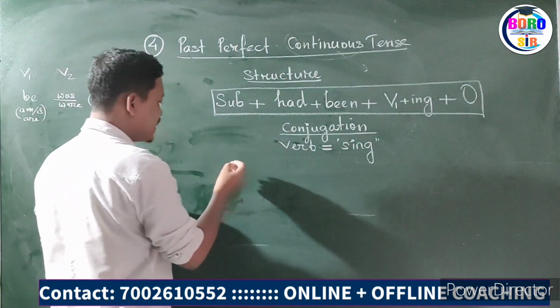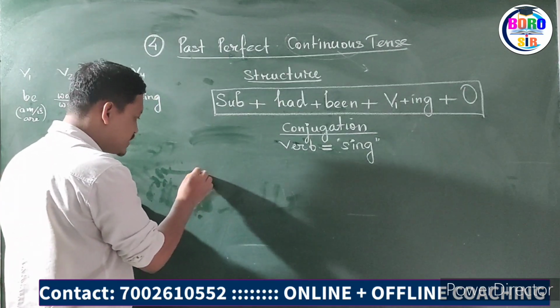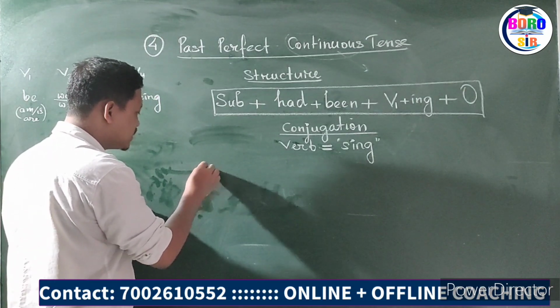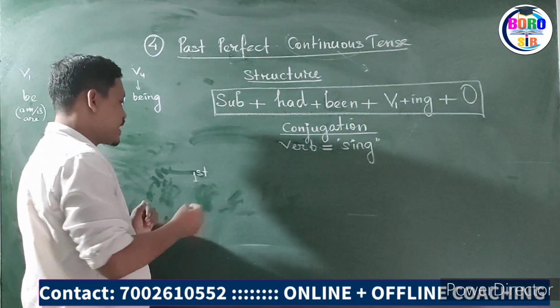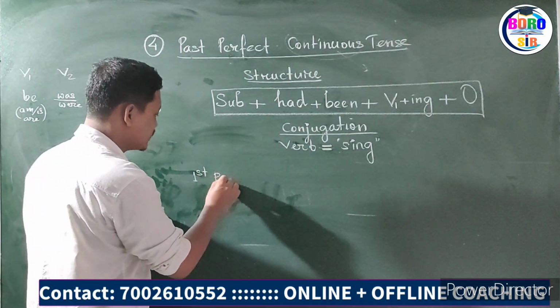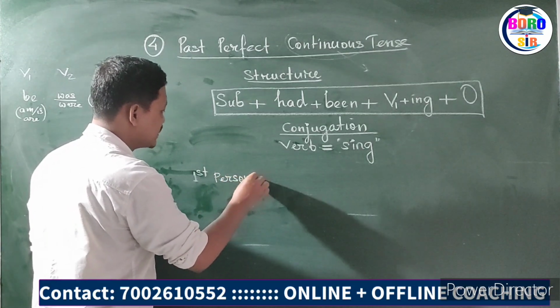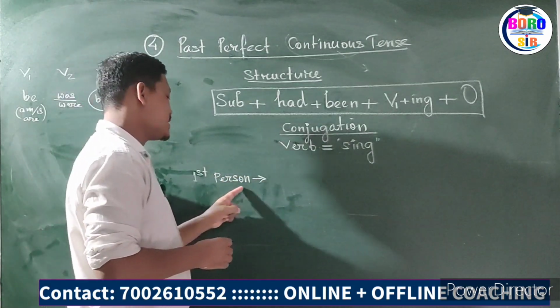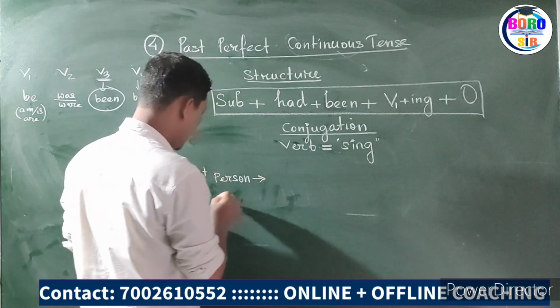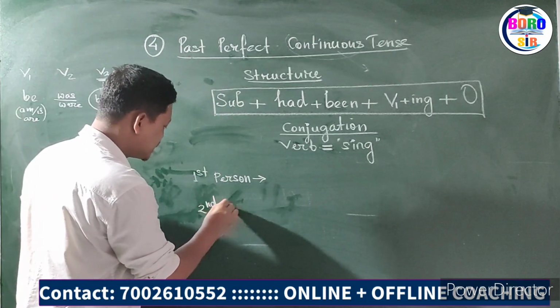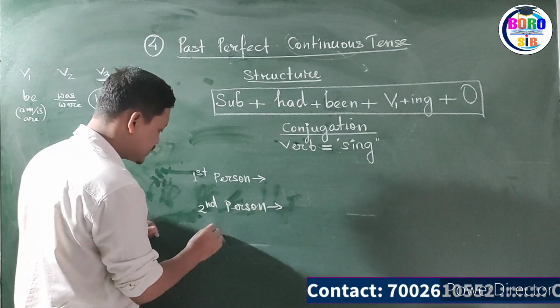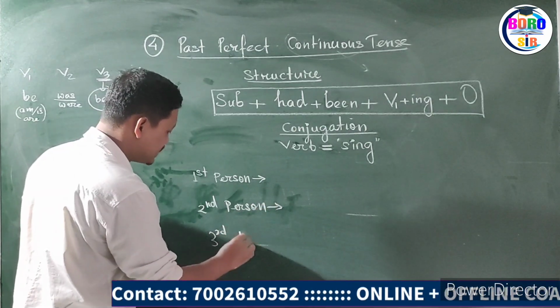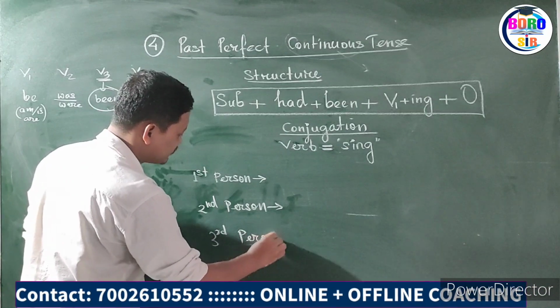Okay, now we are going to write the conjugation. In order to write the conjugation, we need to know the subject in first person singular and plural number, right? So therefore, I'll be writing first person here. This is the first person, and here we write the second person, and below the second person we have the last person, that is third person.